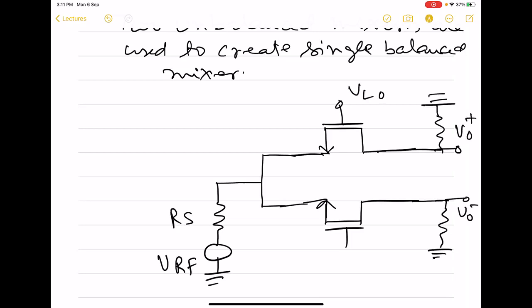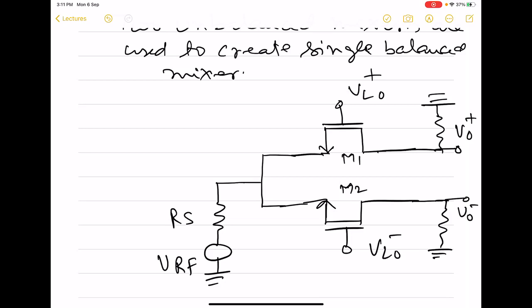And one of the LO is LO plus, the other is LO minus. So here you can see that LO and output, they are differential. However, the RF is single-ended.